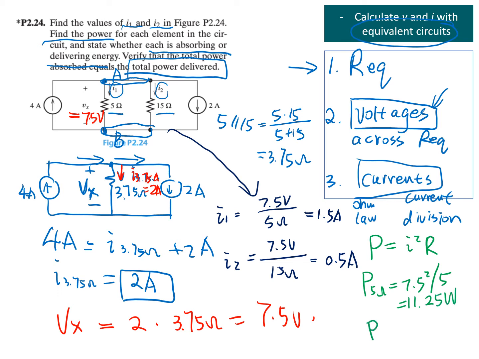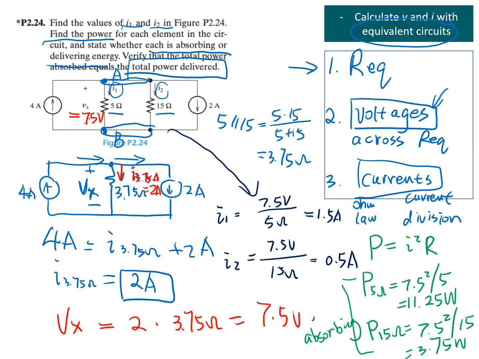And P 15 ohm is equal to 7.5 square over 15. That's 3.75 watt. And both of these are positive values, so they are absorbing energy. And we also know that the resistors are passive elements, so they are for sure to absorb energy.